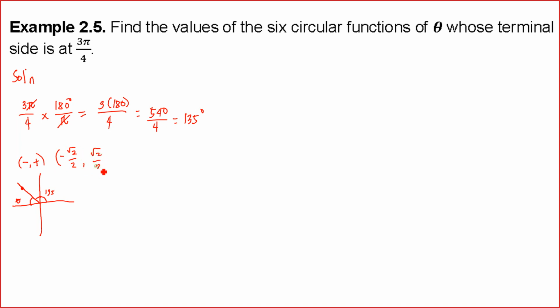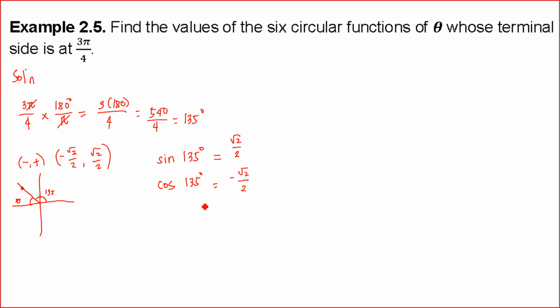So it is easy. Here, the sine of 135 degrees is equal to the y, so you have square root of 2 over 2. The cosine of 135 is the x, so you have negative square root of 2 over 2.